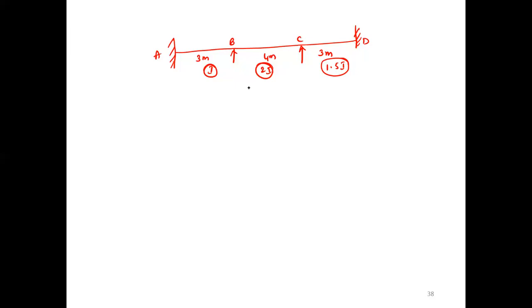Yes, what is the distribution factor at A? And what is the distribution factor at D? 0, because it is a fixed end. And intermediates are B and C. Find what is BA and what is BC, what is CB and what is CD.